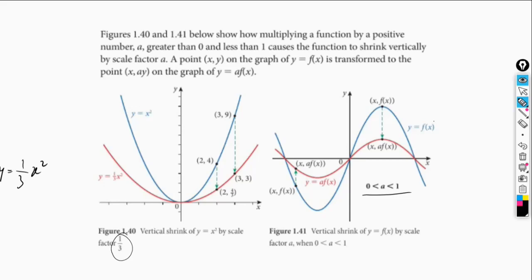Notice here that if you have 3, 9 for x squared, for 1/3 x squared it's going to be 3, 3. So 9 divided by 3. Likewise, if you have 2, 4, now the new coordinate would be 2, 4/3. So again, it only affects the y coordinate.